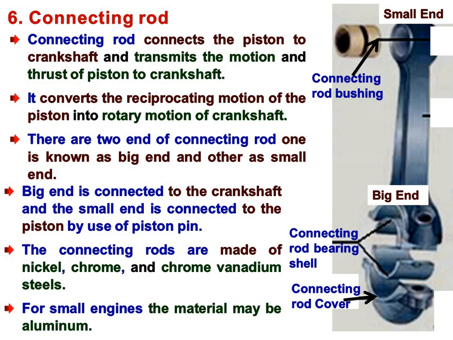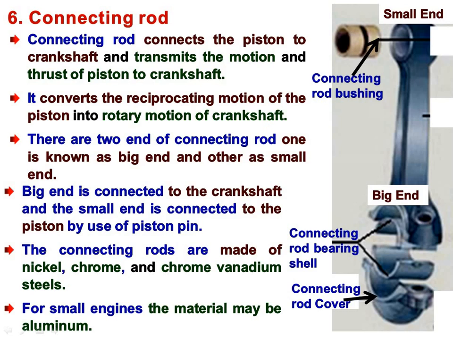One end is connected with the piston and the other end is connected with the crankshaft, through which the reciprocating motion of the piston is transmitted to the crankshaft. It converts the reciprocating motion of the piston into rotary motion of the crankshaft.